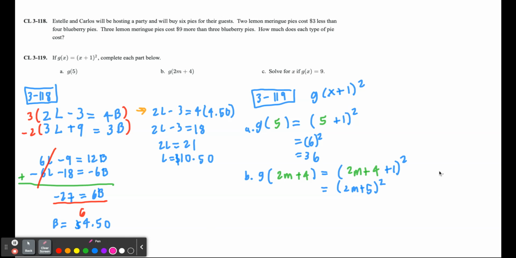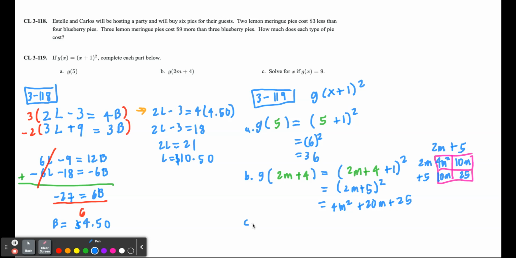And then there you'd need to do like an area model. So 2m plus 5 times 2m plus 5, because that's 2m plus 5 squared, and then you get 4m squared, 10m, 10m, 25. So then that equals 4m squared plus 20m plus 25.